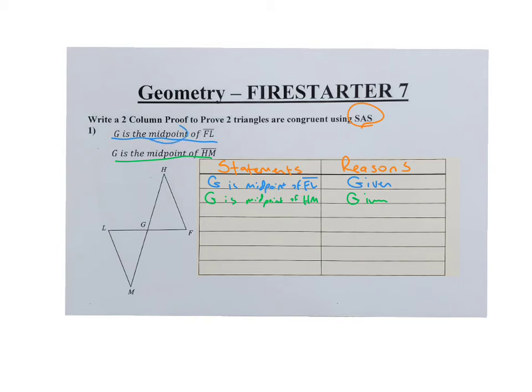So when I think about the word midpoint, G is the midpoint of F and L. That means I get to say this guy and this guy are the same. So I'm going to say LG is congruent to FG. And the reason is not because I'm not sure, but because I know what the definition of midpoint means.